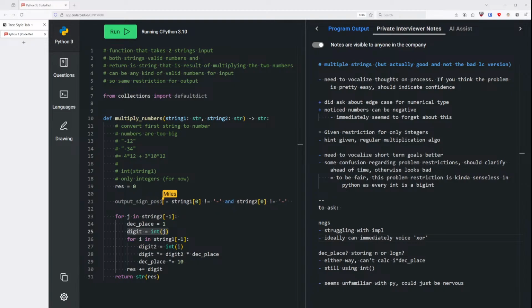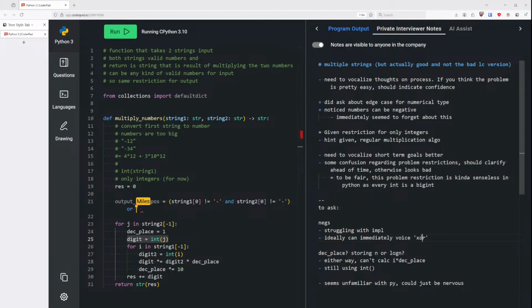So call this sign. So either they're both not negative, or they both are.